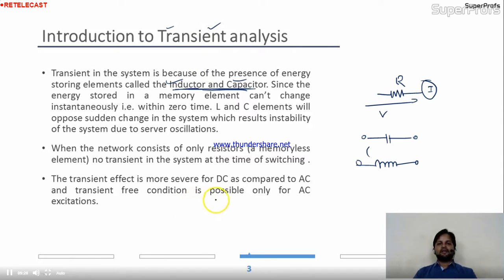I hope this is clear to you. Now, the transient effect is more severe for DC as compared to AC. In the DC, the transient is more compared to AC. We'll see how and why.